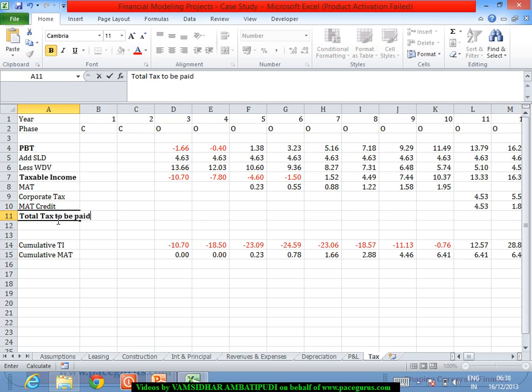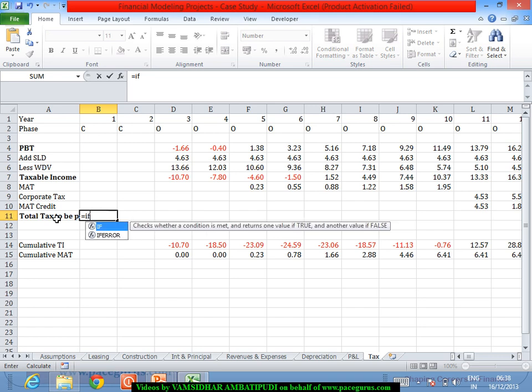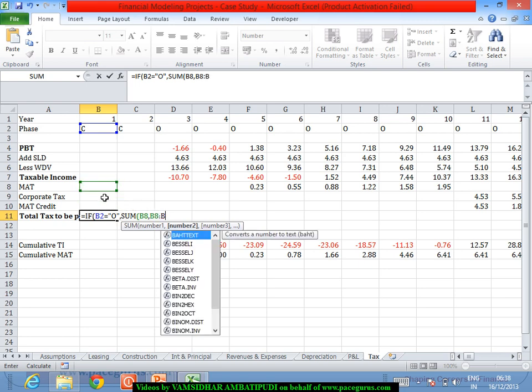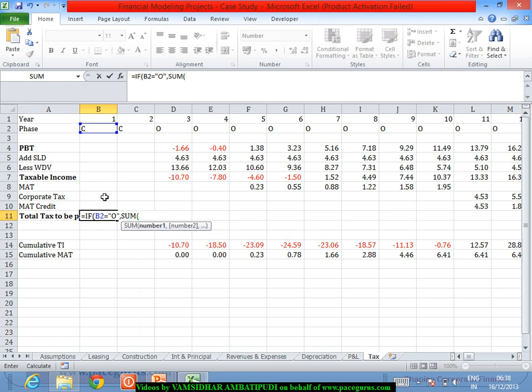So when I am computing this schedule, the total tax to be paid, I am simply taking, if this is the operation space, the summations of the MAT and the corporate tax, and taking out the negative of the MAT credit.